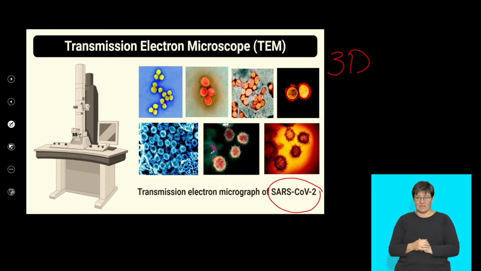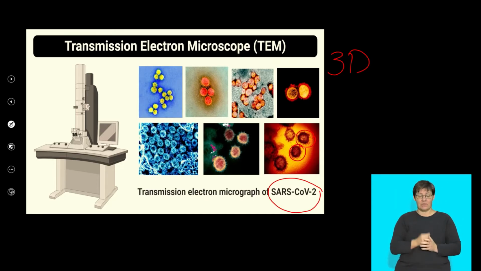What we can see is a virus is something extremely, extremely small. And this machine allows us to have a picture of what the virus looks like in 3D. It gives you an idea of its shape, of its structure, etc.